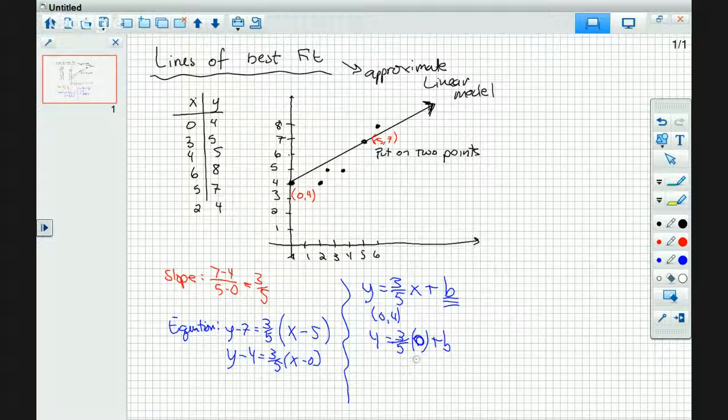And wouldn't you know that my b is 4, because this here is 0, right? So 4 is b. So y equals 3/5 x plus 4. So those are three different equations.